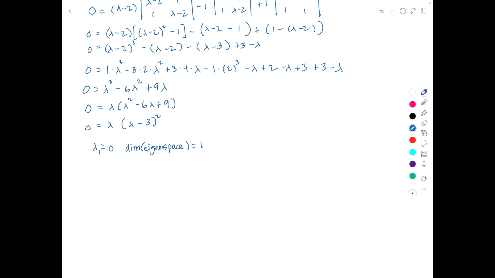And since we have the second one with multiplicity 2, so lambda 2 equal to 3, the dimension of this eigenspace is going to be 2 by that real spectral theorem. Groovy? Okay, and we are done with that problem.